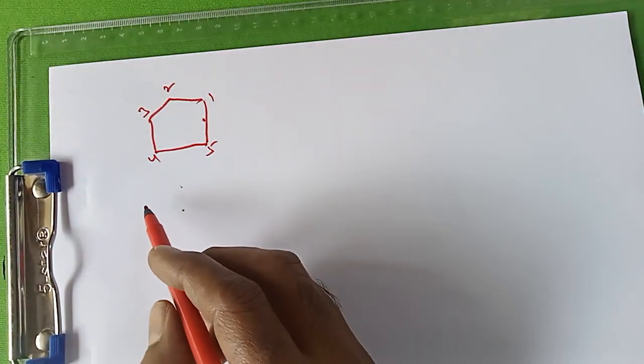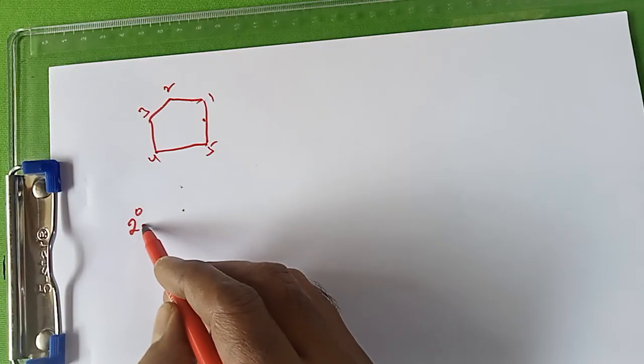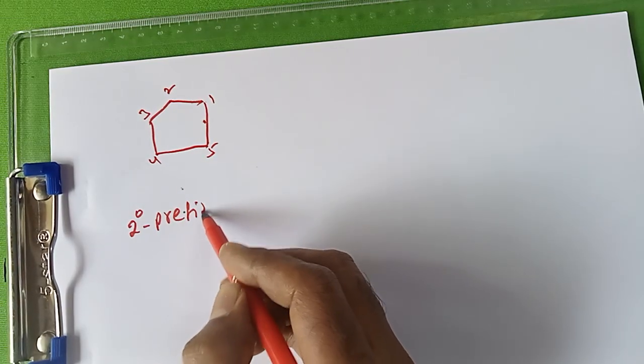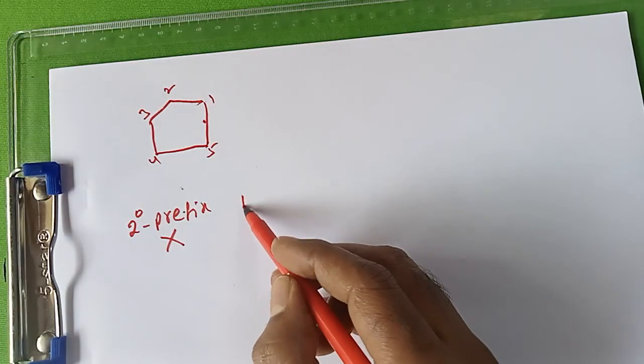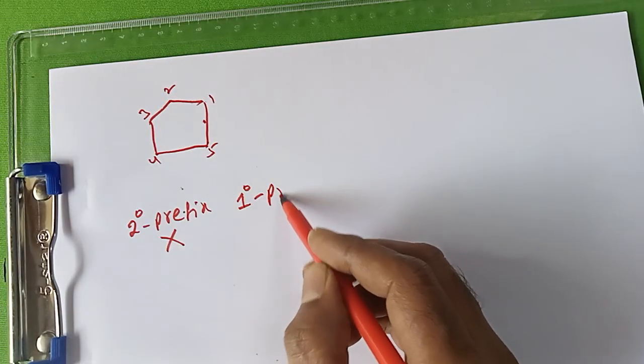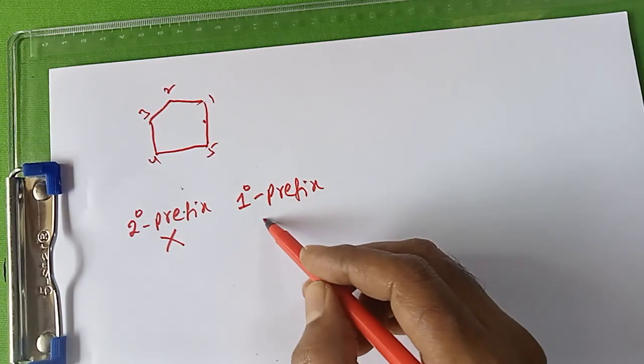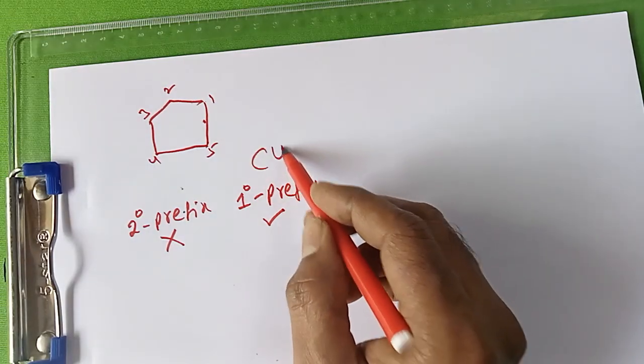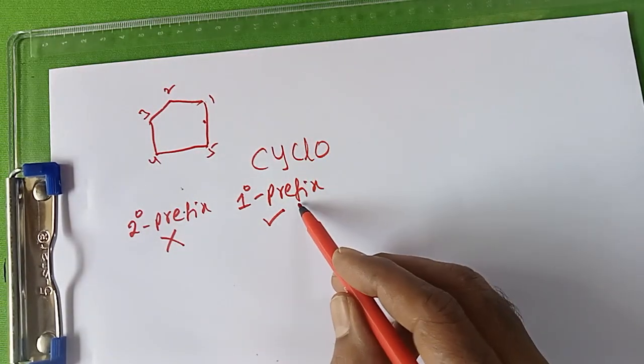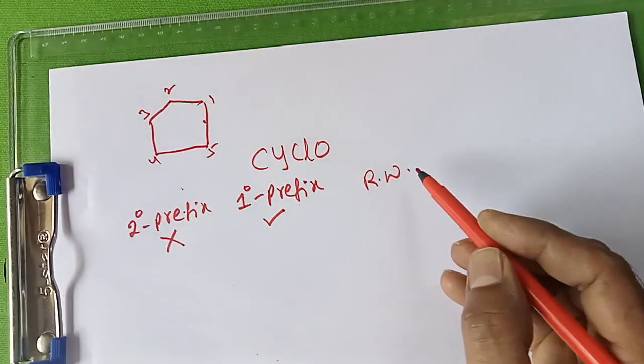So first, secondary prefix. In this one secondary prefix is not present. Next, primary prefix is present. What is that? Cyclo. Primary prefix. Next what? Root word.